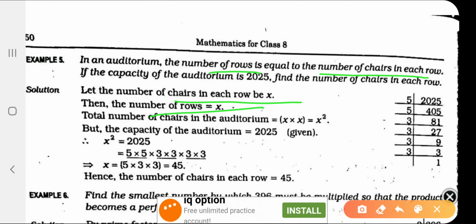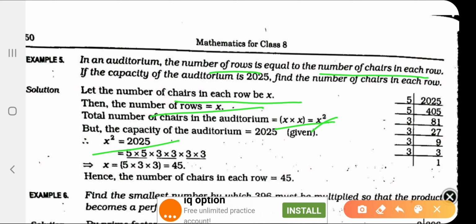The total number, the product of chairs and rows, is the capacity of the auditorium. So x square must be equal to 2025.